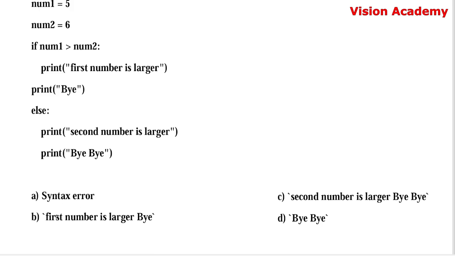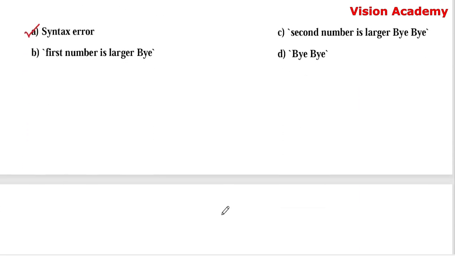Option A, syntax error. B, first number is larger, bye. C, second number is larger, bye. D, bye. Here you can observe this particular print statement is violating the rule of indentation, hence which leads to syntax error. Hence option A, syntax error is the right answer.